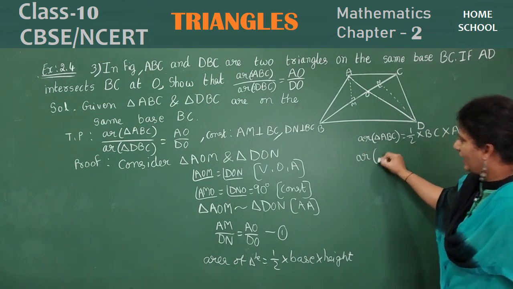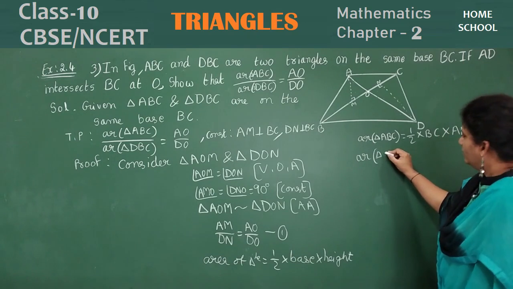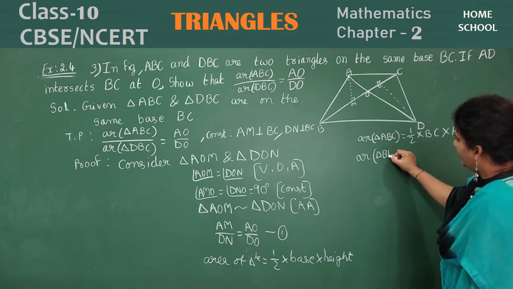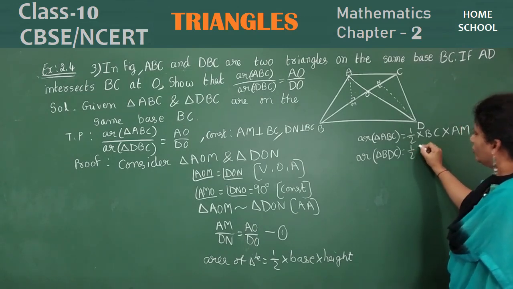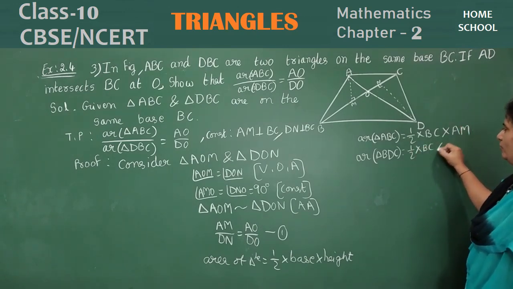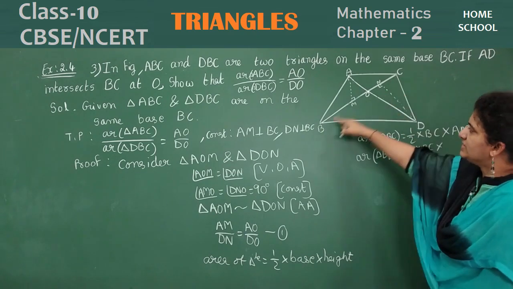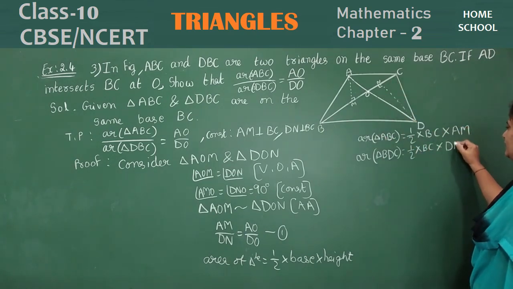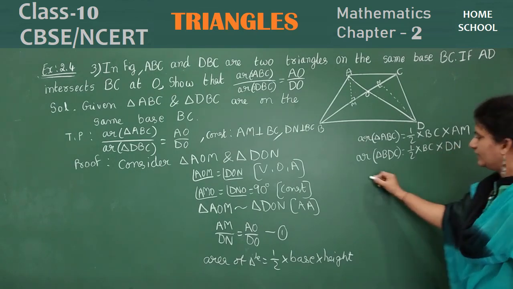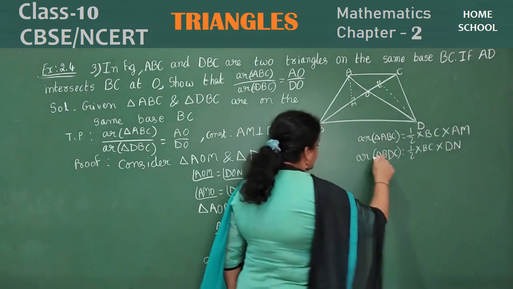Similarly, area of triangle BDC is equal to half into BC, also having the same base BC, and perpendicular DN. Now what are we going to do? Divide these two.